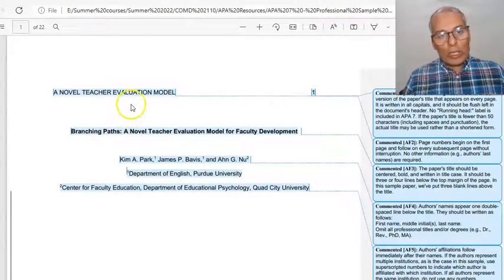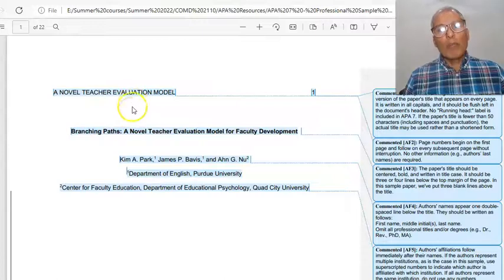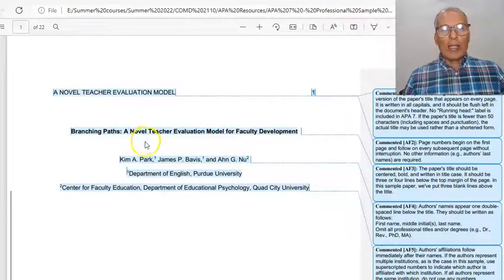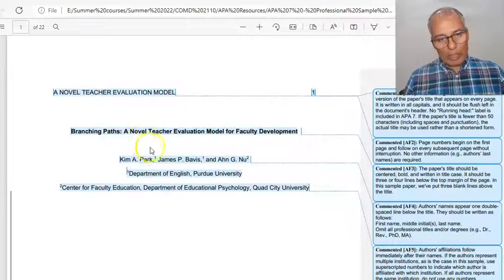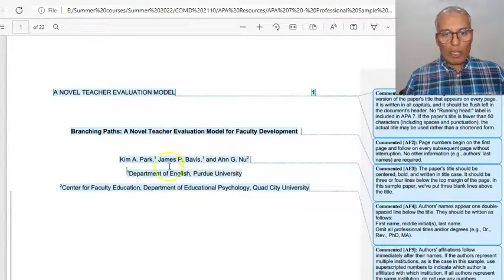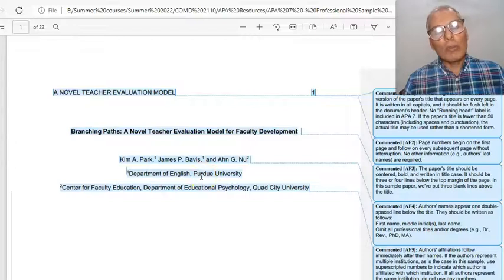You notice it is 2 to 3 spaces below the top margin, and then you skip 2 spaces. You put your name in this manner, and as one person, of course, you don't have to worry about this too much. But then the department that you are in, we are not a department yet.